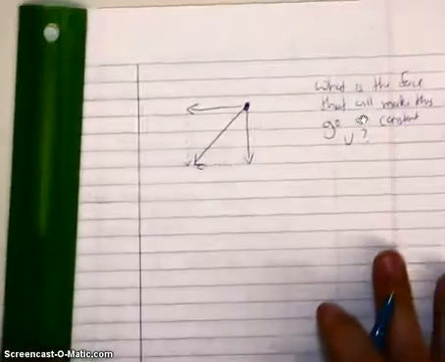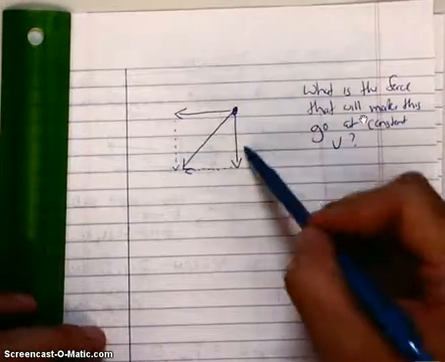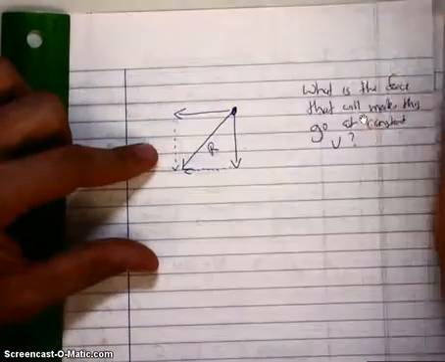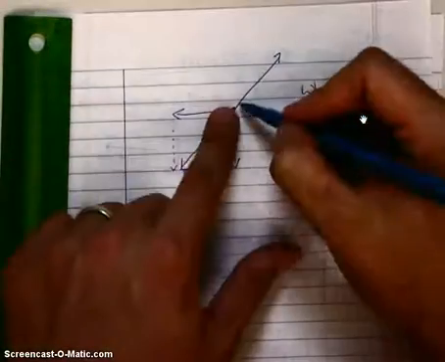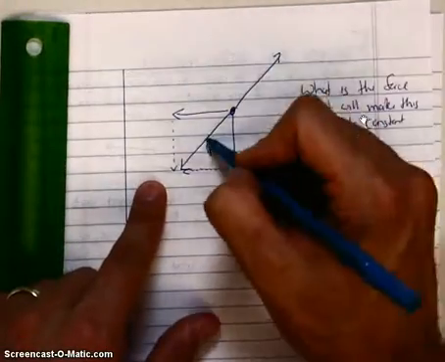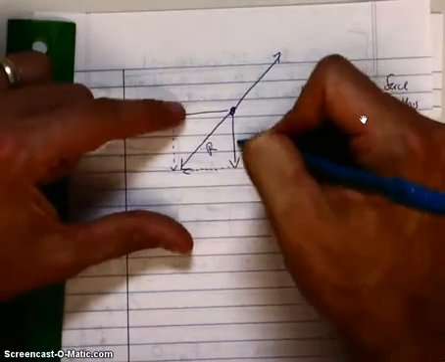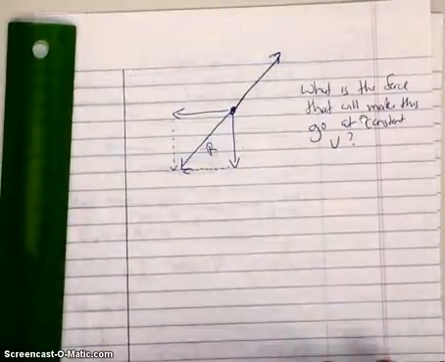Well, these are two vectors, so if we add these two vectors together, we get a resultant. The force right here will make this go at constant velocity, because it is equal and opposite to the resultant. This is not a third force. This is the combination of these two. And if we add this one in there, equal and opposite, this will go at constant velocity.